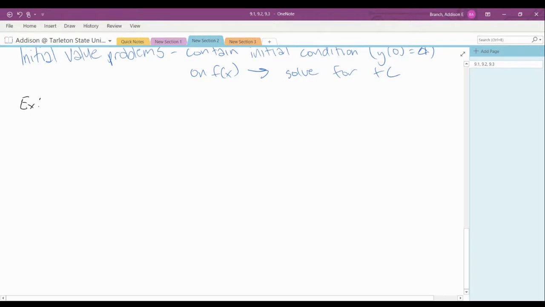For this one, we want to solve our equation y prime is equal to 3e to the x plus x squared minus 4. And they tell us that our y of 0 is equal to 5. So let's go ahead and work on solving this. We know that y prime, of course, is dy dx.